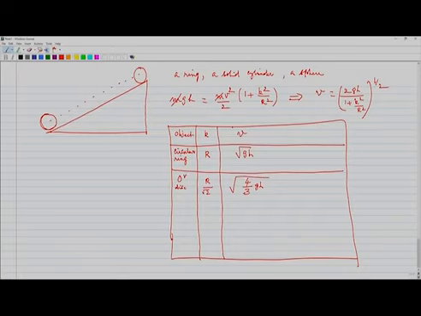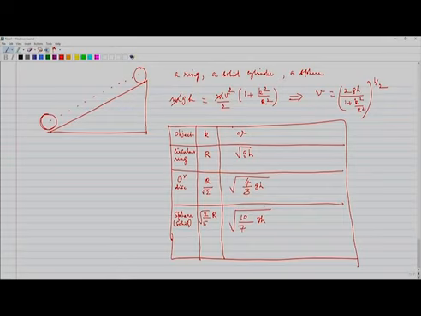It has a higher value than this. Next we have a solid sphere. Its radius of gyration is the square root of 2 by 5 times r. Then it will be 10 by 7 gh.